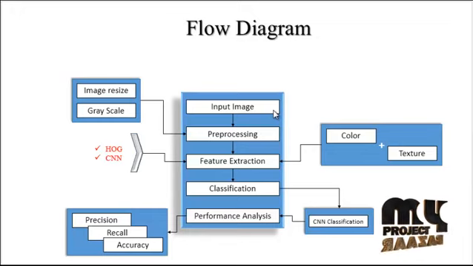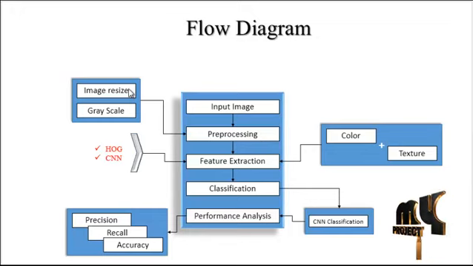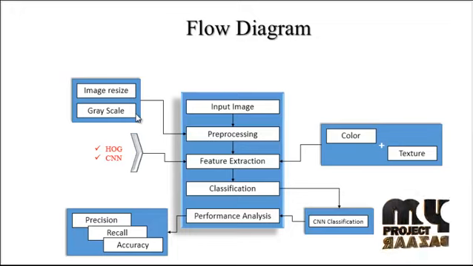After getting the image from the dataset, we move to the next step of the project, that is pre-processing. In this pre-processing, we carry out two stages. First stage is image resize, then the second stage is grayscale conversion. By these we are improving the quality of the image.